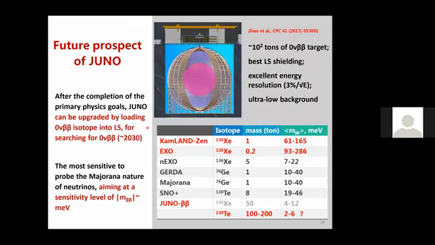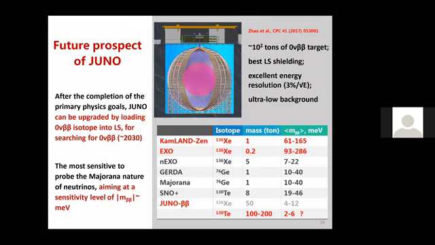With this idea behind, we consider the further future of JUNO. JUNO's primary goals are to determine the mass ordering and make precision measurements. After the completion of these primary physics goals, this detector can be upgraded by loading the double beta decay isotope into the liquid scintillator.